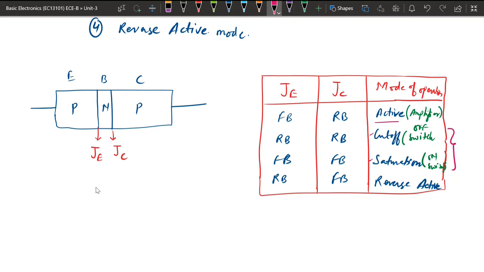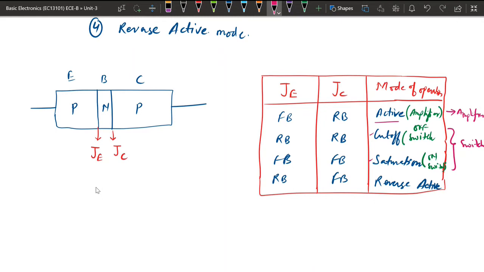If the BJT needs to be operating as an amplifier, then it should be operating in the active region. So this is the application as a switch, and here the application as an amplifier. This is the basic question most frequently asked in objective type questions.